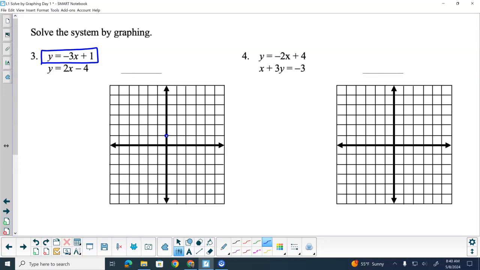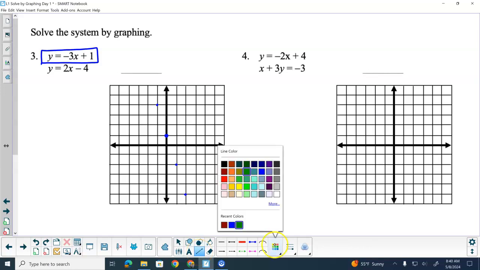Down 3 and right 1, right? Okay, that's my slope. 1, 2, and 3, right 1. Or I can go which my other 2 directions? Up and left, right? Yeah. Okay. Then we draw our line.